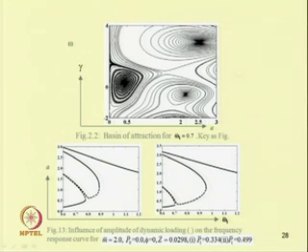Here the basin of attraction has been plotted to show the 3 stable states of the system. This is one stable state, this is the second stable state, this is the third stable state of the system, and depending on the initial condition, one can find to which stable state the system response will go.